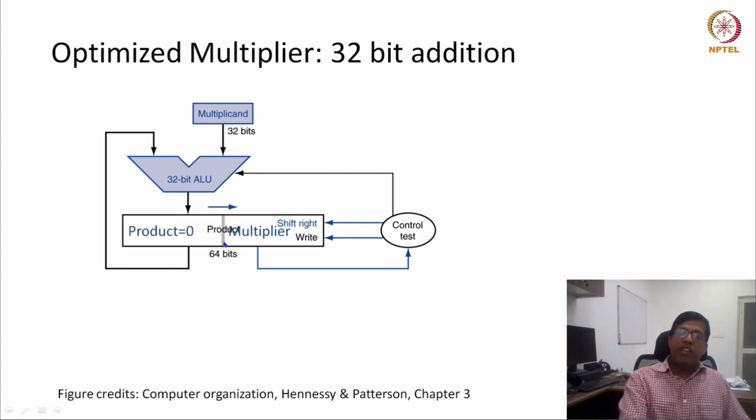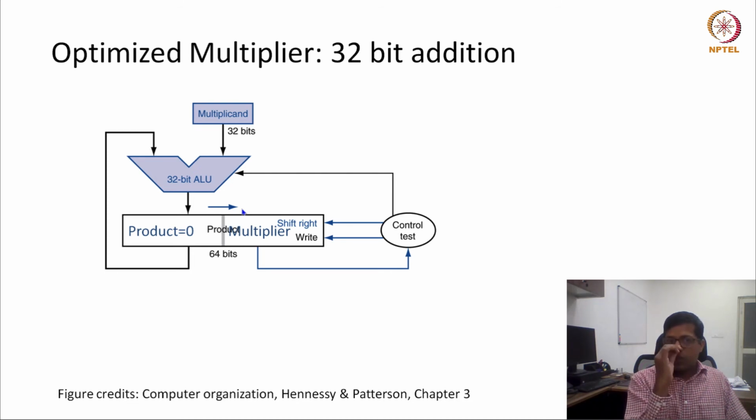Now we can simplify the whole process, because whenever we shift in the right direction, we get a space of 1 bit here. And if you observe during the partial additions of a multiplier, you will see essentially 32 bits are being generated. That's it.